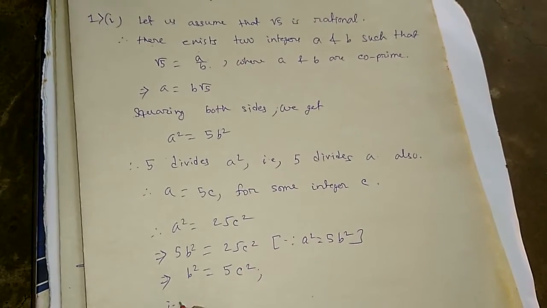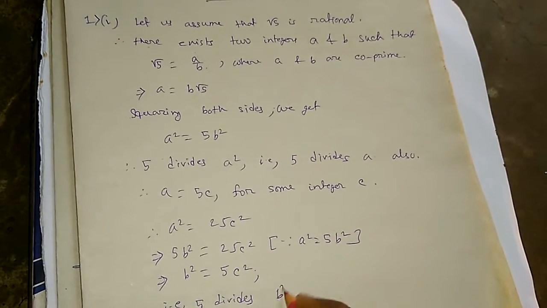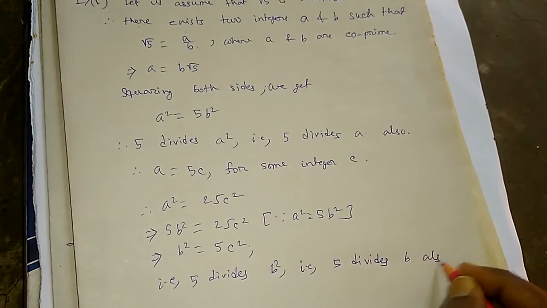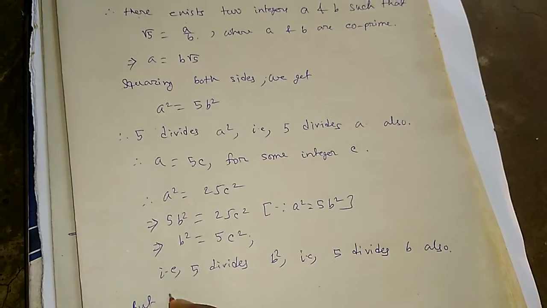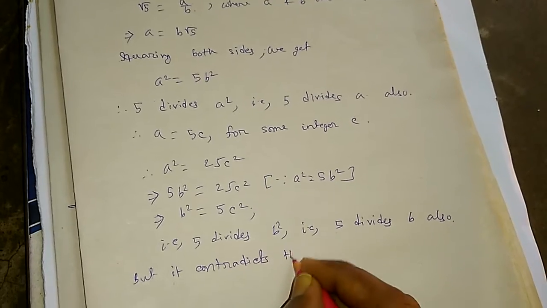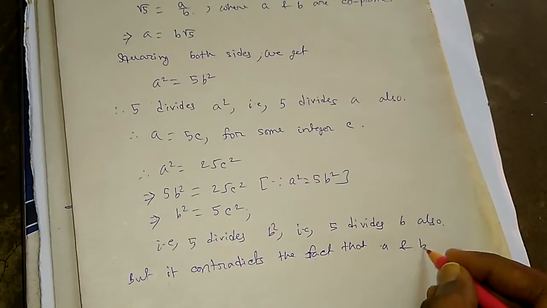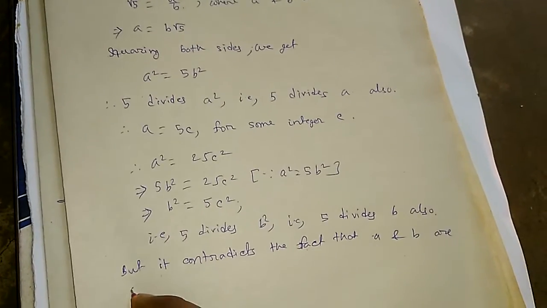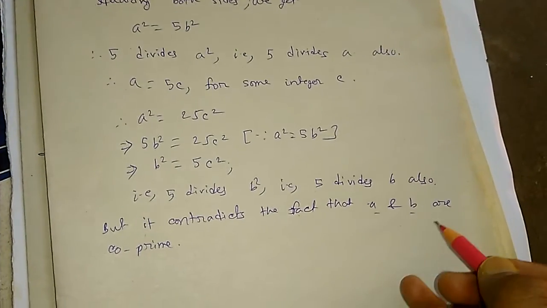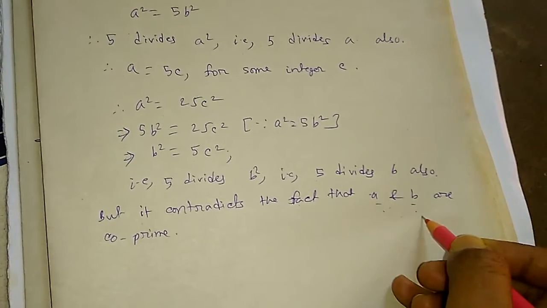That is, 5 divides b square, that is 5 divides b also, but it contradicts the fact that a and b are coprimes. Why? What is the definition of coprime? They are coprime if they have no common factor except 1.